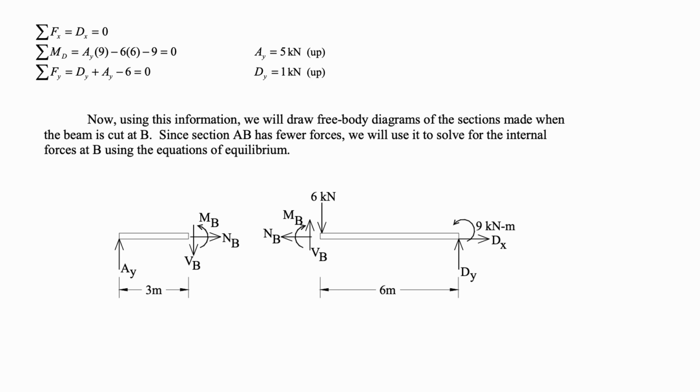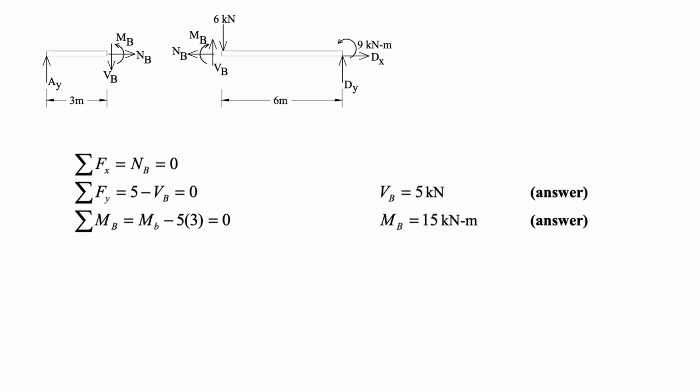That means 5 kilonewtons. We don't have normal force, so NB is equal to 0. And moment MB will be Ay times 3, which means 15 kilonewton meters. So these are your answers. You can do it from the right side also, and you need to get the same answer.